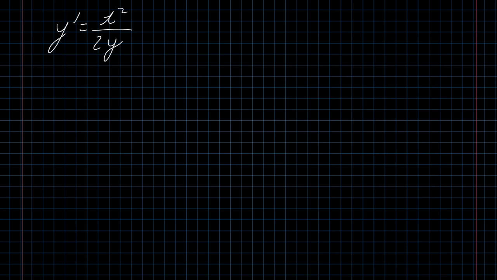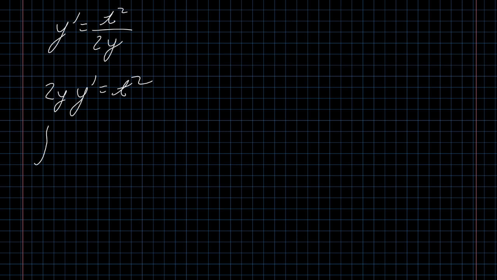All right. How about y prime equals t squared over 2y? I think it's even more obvious in this example that this is a separable differential equation. If I multiply both sides of the equation by 2y, I get 2y y prime equals t squared. Then from here, I can integrate.